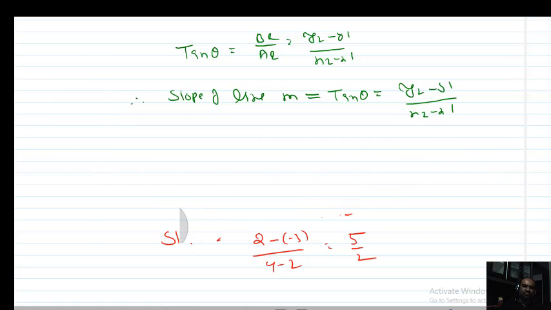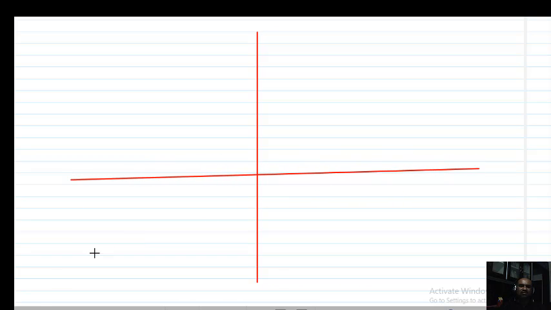Students listen now. This is a vertical line, and this is the horizontal line. Take any line parallel to x-axis. For example, this is the line parallel to x-axis.